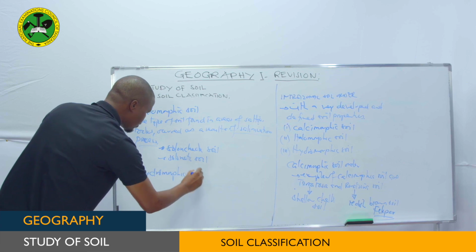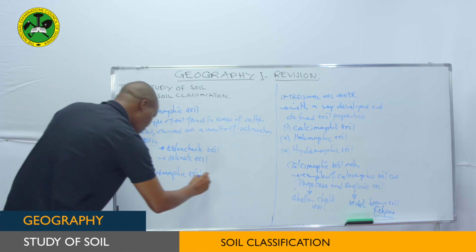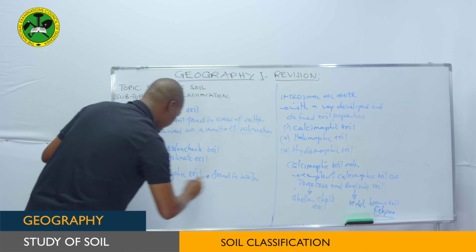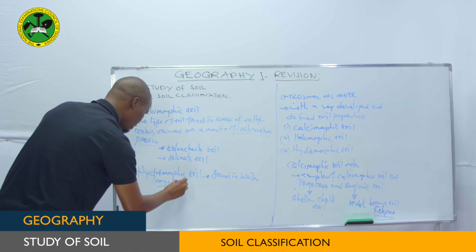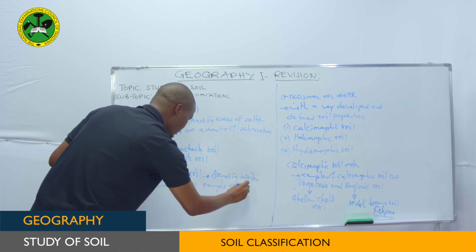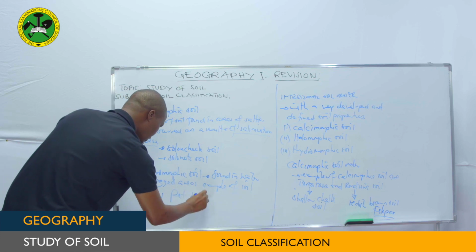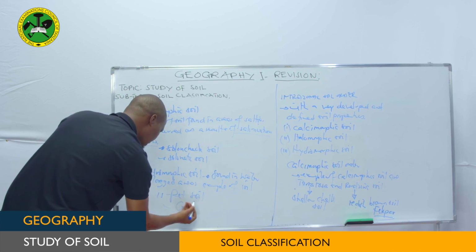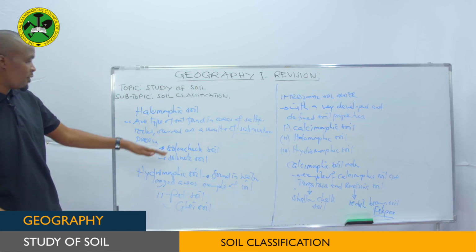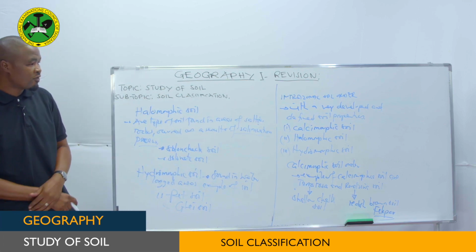Hydromorphic soil means the soil found in water-logged areas. Examples of this soil are peat soil as well as clay soil. Are we together? So you can classify intrazonal soil according to these three types of soil.